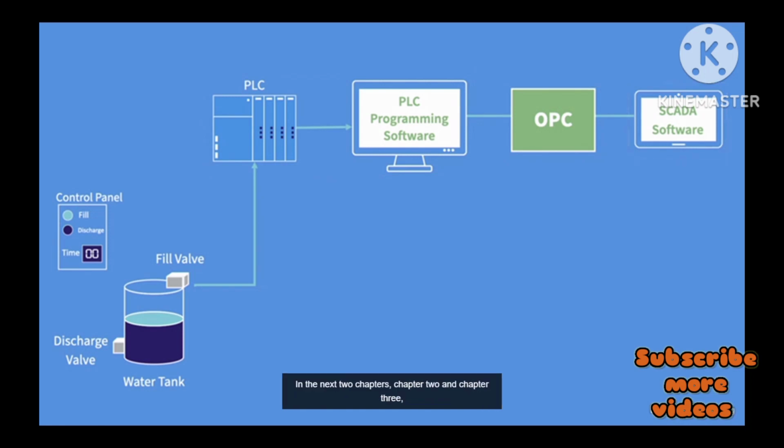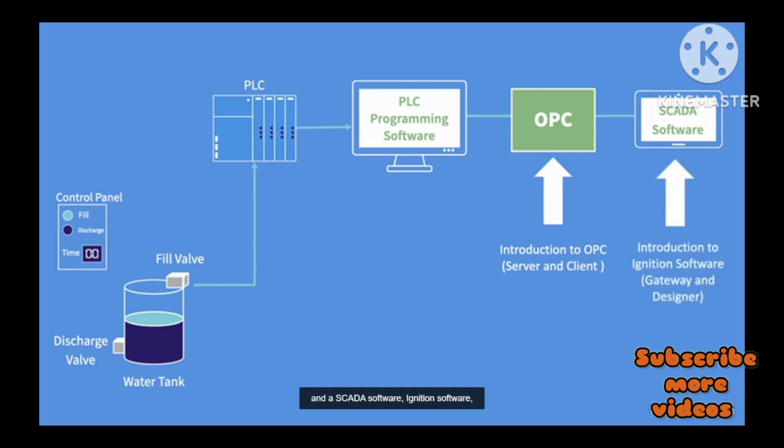In the next two chapters, Chapter 2 and Chapter 3, I'm going to introduce you to OPC server and client and a SCADA software, Ignition software, covering Ignition Gateway and Designer. In order to use both software in the project covered in Chapter 4.